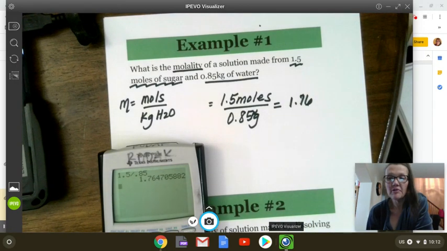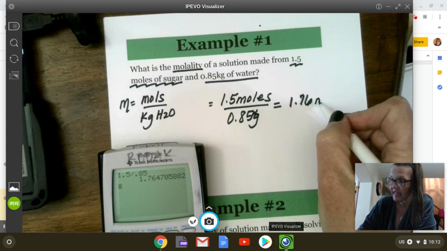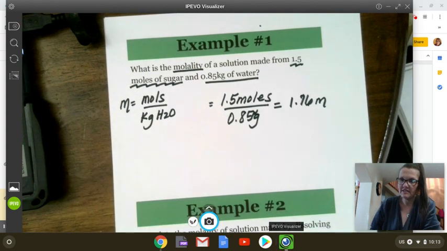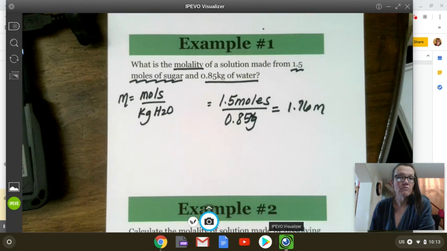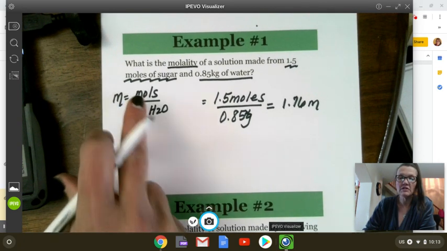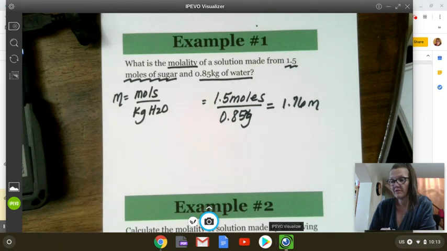And again, we need to put the unit for molality. So the unit for molality is a lowercase italicized m, which is kind of hard to do in your print. So that's why I always do the fancy little tail off the end to kind of set it apart. Okay, so molality, again, very easy, just like molarity, moles of solute divided by kilograms of water.